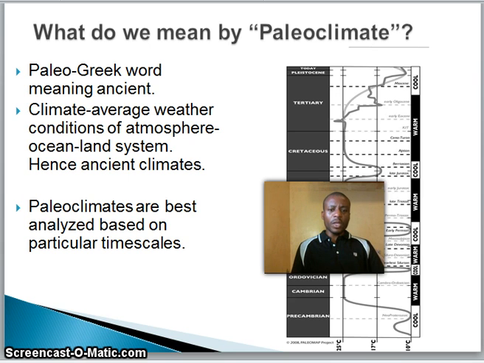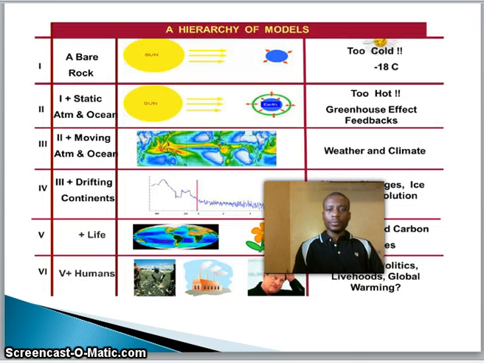And when trying to look at paleoclimate, any analysis of past climate is based on particular timescales. As we can see from the figure I put here in the slide, you can see how different periods of cool and warm have characterized the Earth history, ranging from the Precambrian right up to the Tertiary, where we are now.